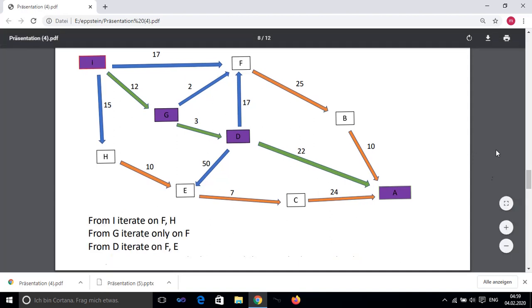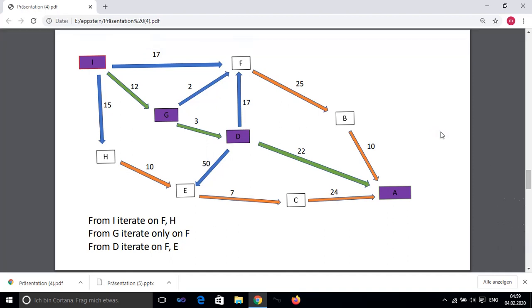In the inner loop, when we are in node I in the outer loop, we should iterate on F and H. And when we are in node G in the outer loop, we should iterate in the inner loop only on F. Now iterate in the inner loop on F and E when we are in D in the outer loop.